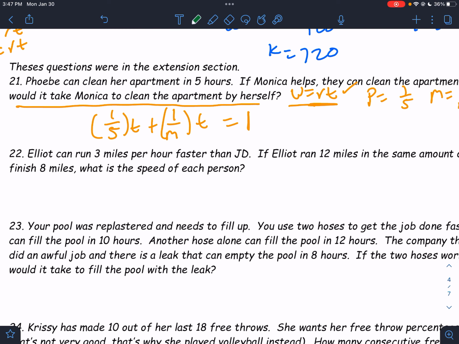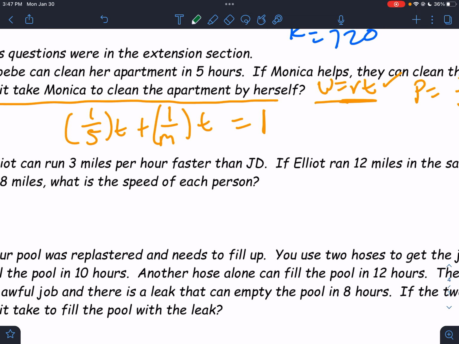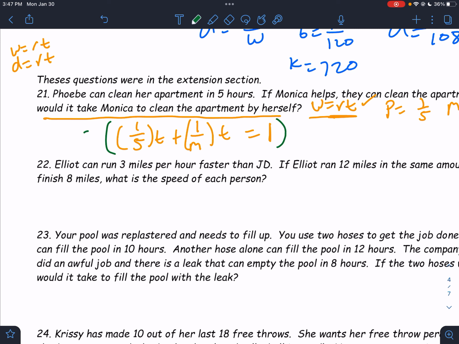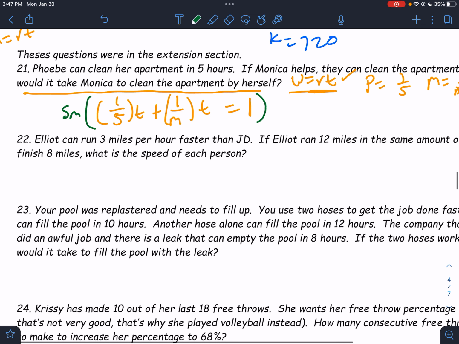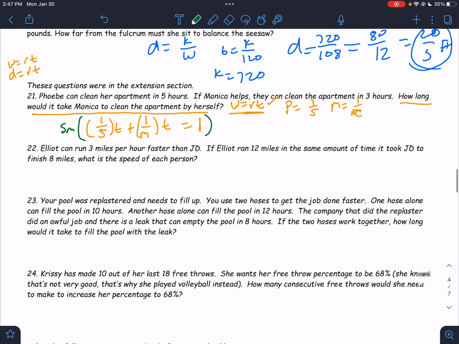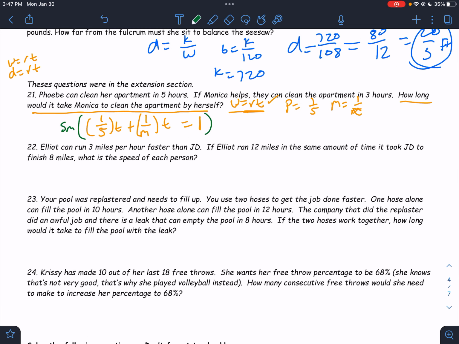Okay. So if I get a common denominator, actually, I'm going to multiply everything by 5m. So the 5's cancel out. I have, wait a second. I'm missing a number.